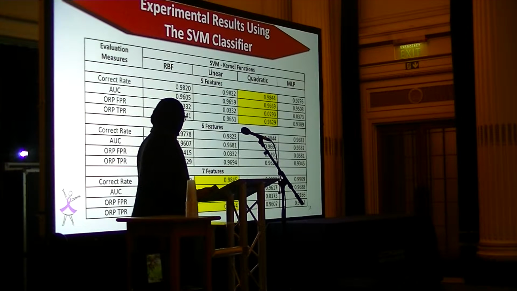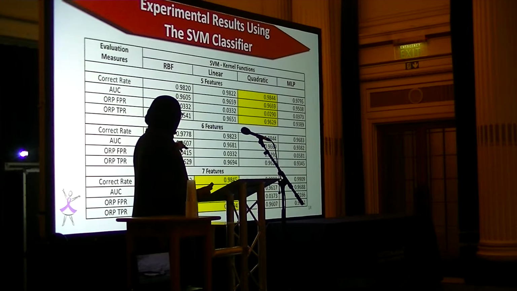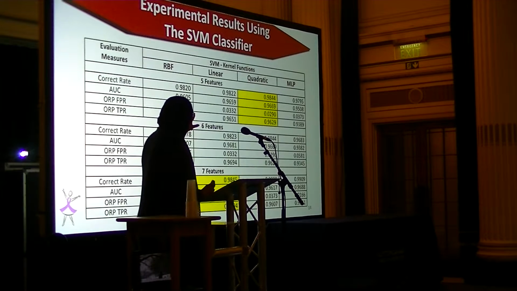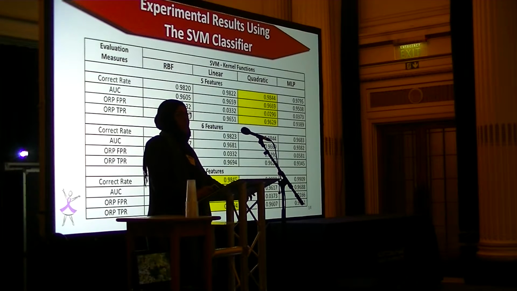We can see linear SVM achieves the highest level of area under the curve and correct rates using 7 features. However, the quadratic SVM also achieves a very high level when using 5 features.